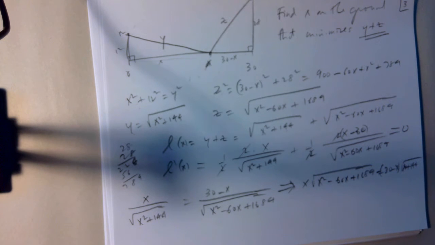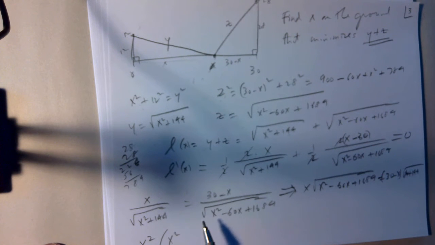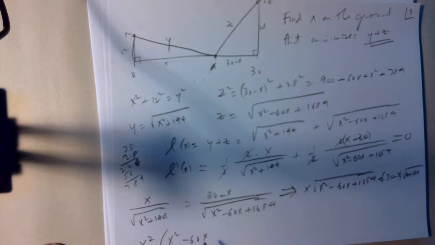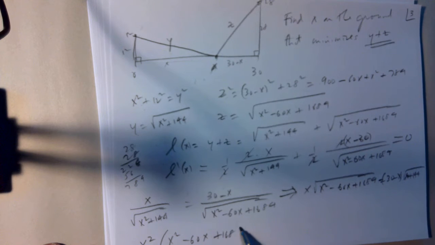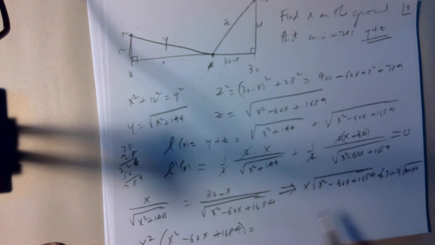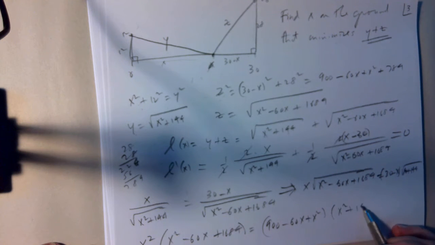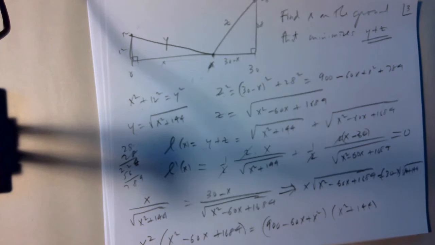So if I square both sides, I get x squared times (x squared minus 60x plus 1684) equals (30 minus x) squared, which is 900 minus 60x plus x squared, times (x squared plus 144).